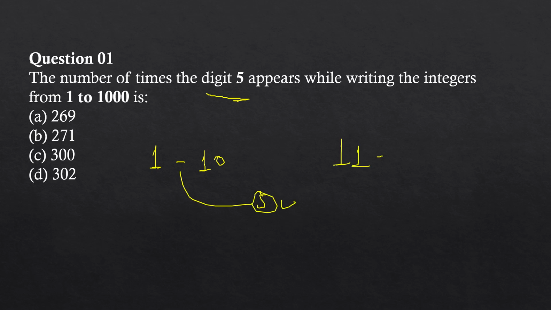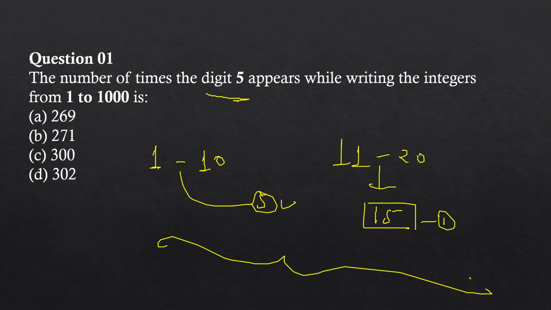Between 11 to 20, 5 appears only one time. In a similar way, we have to find 5 between 1 to 1000 and give the answer. So the total number of times 5 appears between 1 to 1000. Now we'll see the solution.